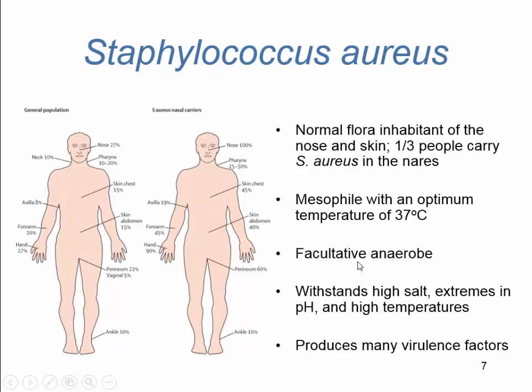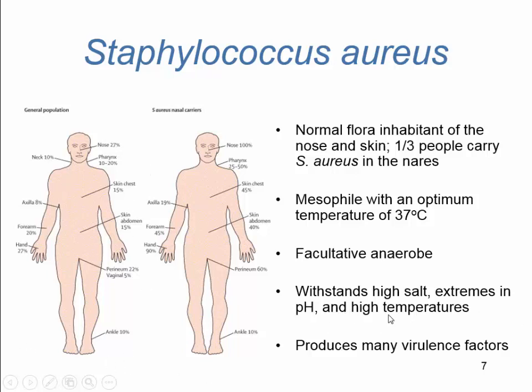Facultative means that it is not always an anaerobe. Typically it's an aerobic bacteria, but it can grow in anaerobic conditions, which is how it's so readily able to colonize our entire body. Additionally, this bacteria can withstand high salt, so it is osmotolerant. It withstands extremes in pH, such as the acidic environment of the vaginal tract, as well as high temperatures. So it is a risk of contamination in the clinic since it is all over our body.